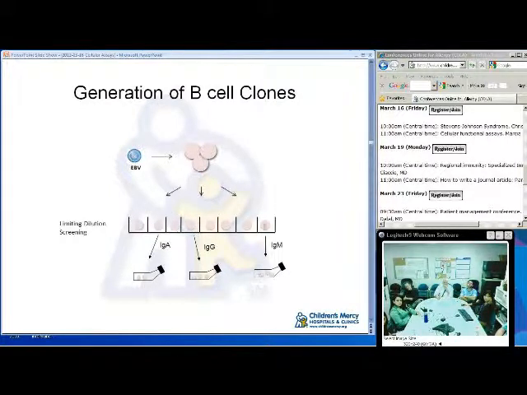Then we can screen the isotype of the antibody that each well is secreting. If we're interested in an IgA, IgG, or IgM secreting antibody, we can take this cell and start to propagate it, and then we have what is referred to as a cloned B cell line.